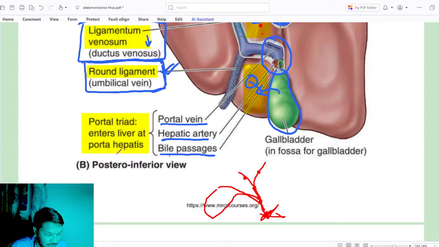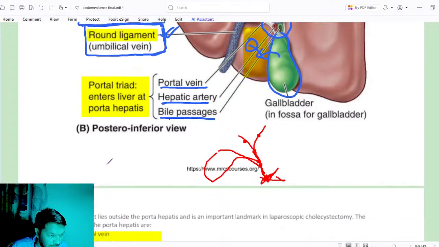What is the difference between bile duct and common bile duct? No, just the reverse. Bile duct forms the common bile duct. This is bile duct, right bile duct, left bile duct. And when it joins with cystic duct, then it becomes CBD.